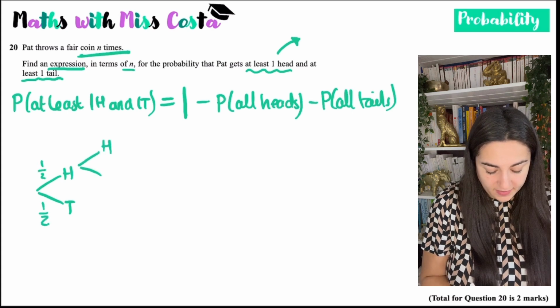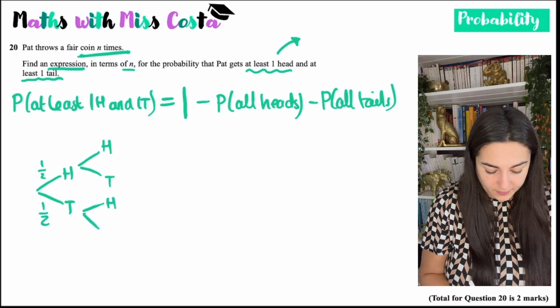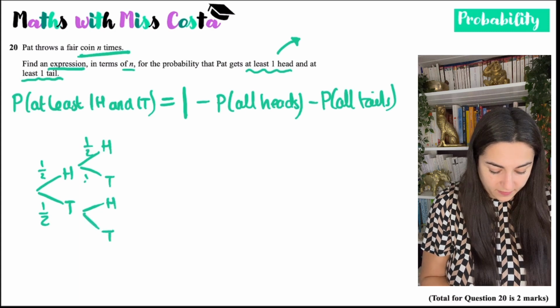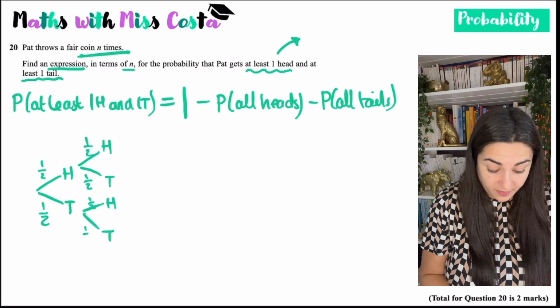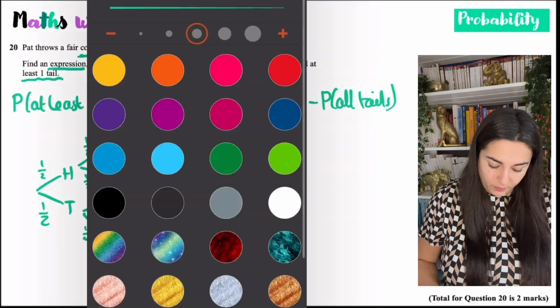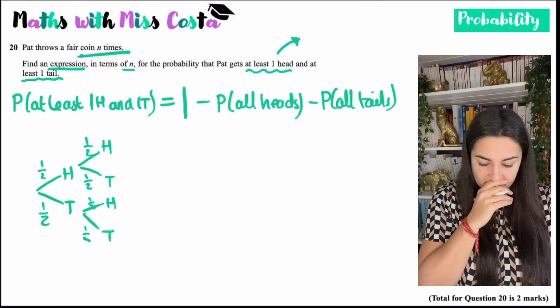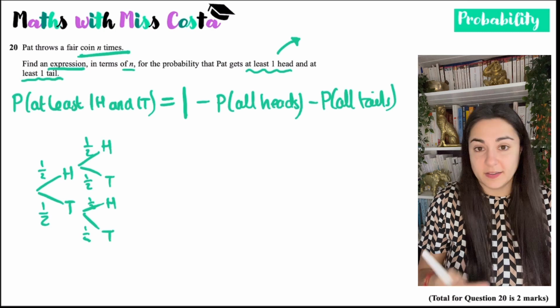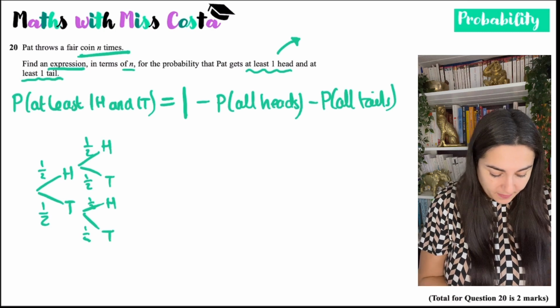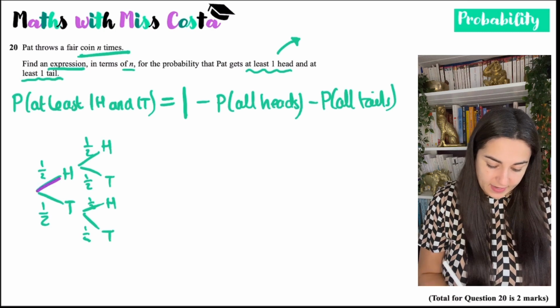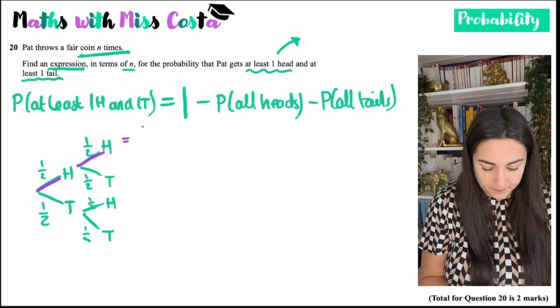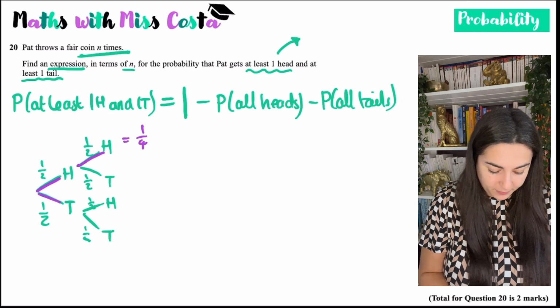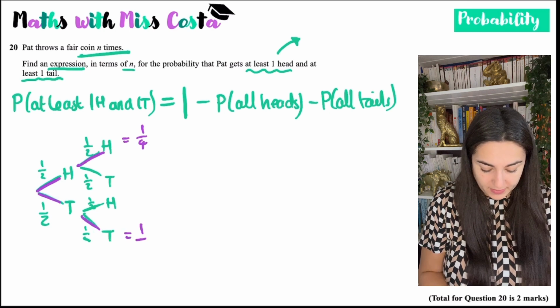Probability of then getting a head, tail is a half and a half and a half and a half. Okay, so let's see what's happening. So if I were to throw the coin twice, the probability of getting all heads would be a quarter, and similarly the probability of getting all tails would be a quarter.